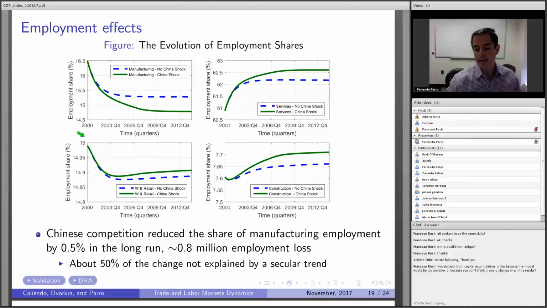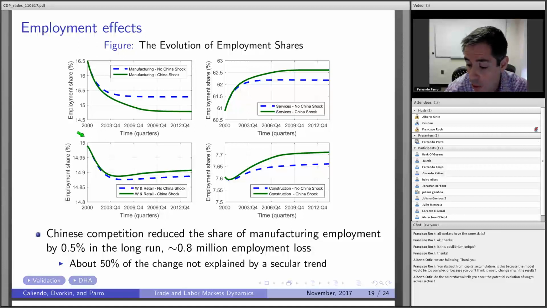Yeah, that is a great question. Would the model be too complex to solve? No. In this paper, we want to make progress on introducing other channels that we think are first order and that have been absent in previous literature, such as the labor market dynamics, together with all the details in the production structure of the economy.